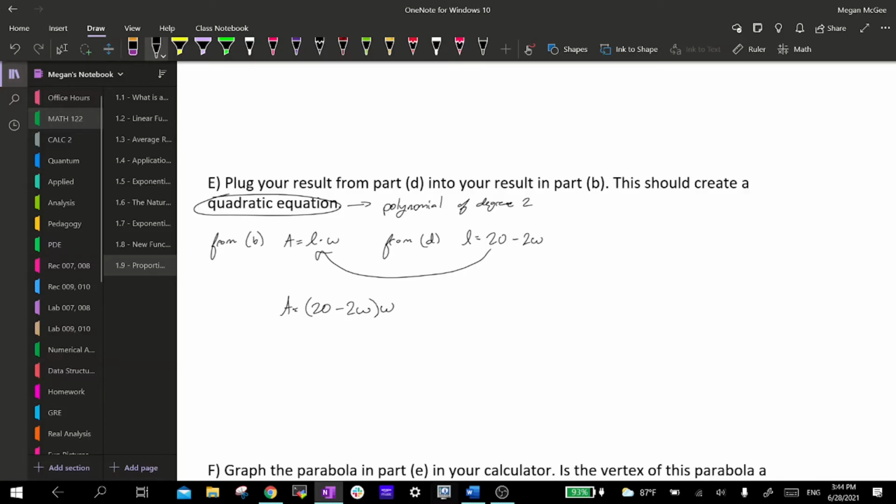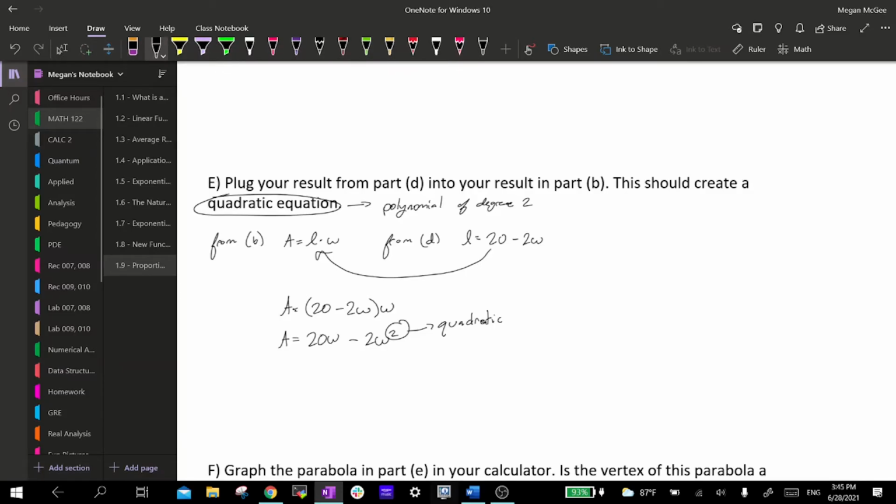Let's go ahead and distribute this W in, so we'll get 20W minus 2W squared. All right, we have a degree 2 polynomial. So this means we have a quadratic. Remember, it's the largest number in the exponent. Here we only have 1 in the exponent, but it's just understood that it's there, right? Oops, the W is still there.